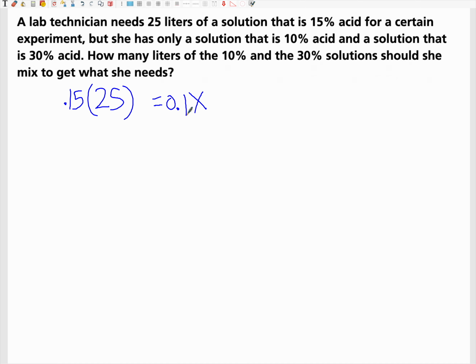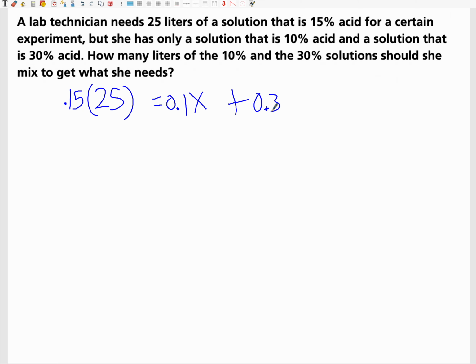Yeah. What's the other solution that I'm gonna mix? What is that? 30%. The 30%. So I need to add to that the 30% solution, which is gonna be 0.3, but I can't just say 0.3x because I'm already using x to stand for the number of liters of the 10%. So how many total liters do I need to end up with? I need to end up with 25 total.